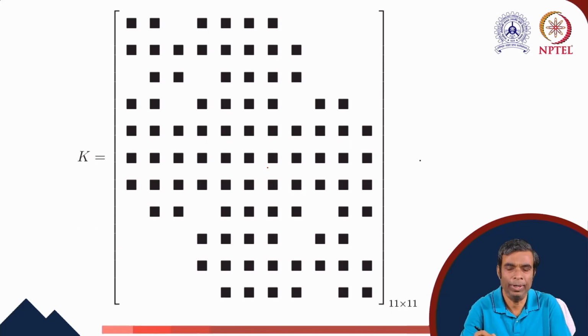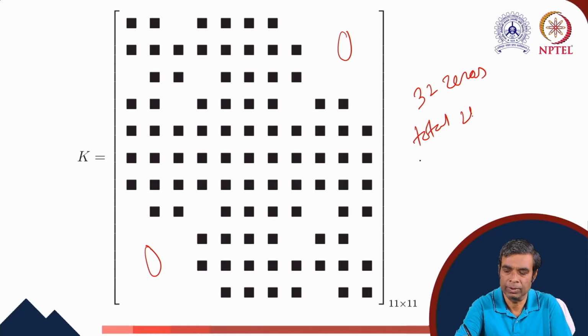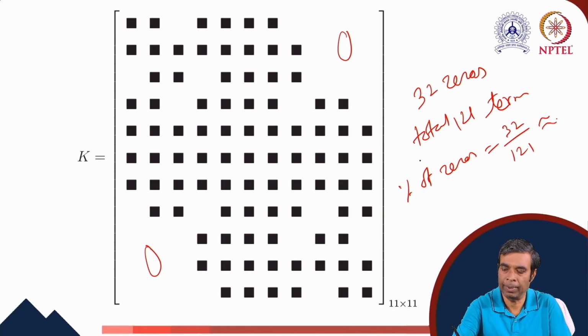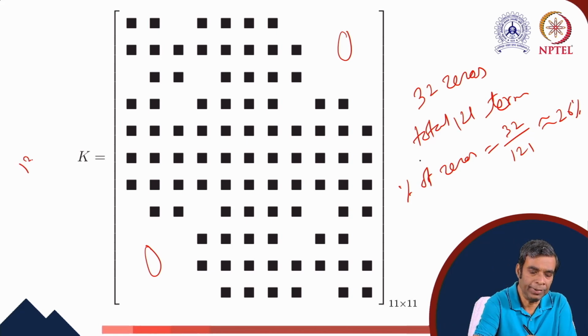Now we are showing this matrix again excluding the zeros. So here we are getting 32 zeros that I have mentioned, total 121 terms. So percentage of zeros equals 32 by 121. It is approximately 26%. Then we have 13 diagonals in this matrix.